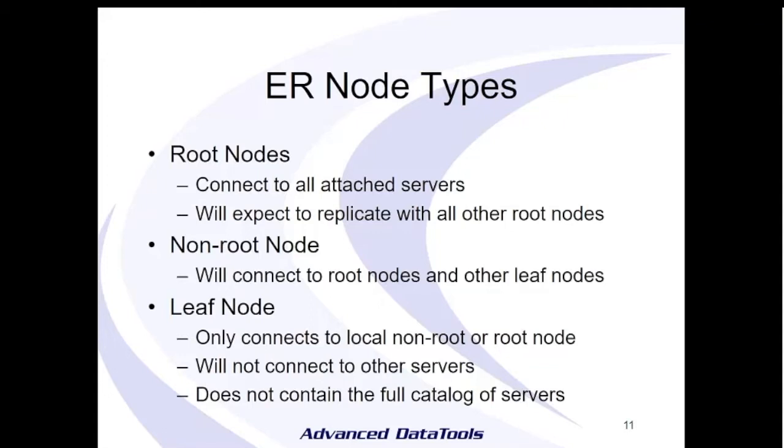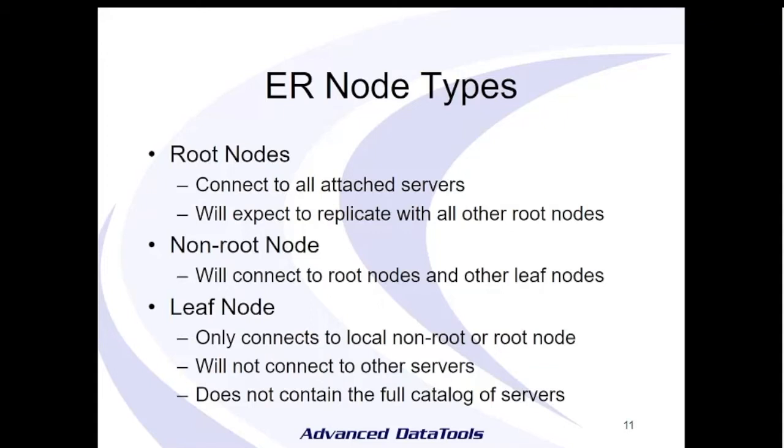They'll know every replicate that happens on the domain. They will be expecting that they can replicate with every other root node and every non-root node on the network. So you have to be able to allow it to connect to all of the other systems. Most domains have either one or a small group of root nodes that are all physically located nearby.